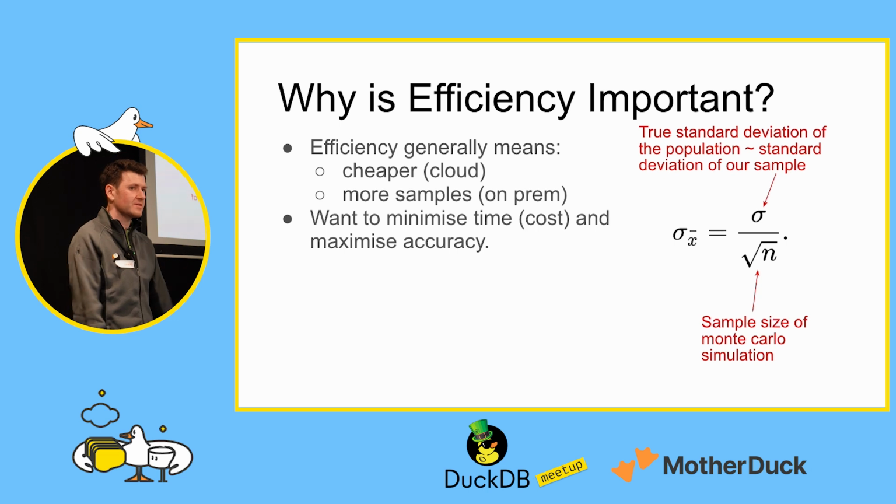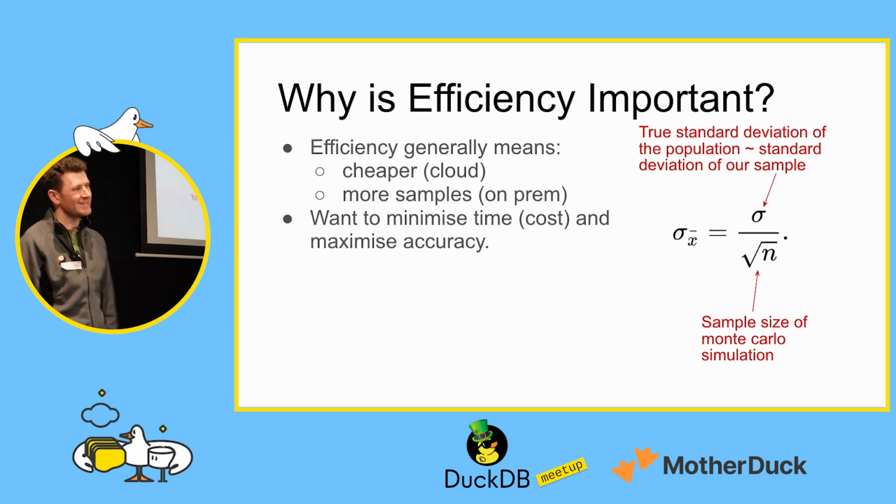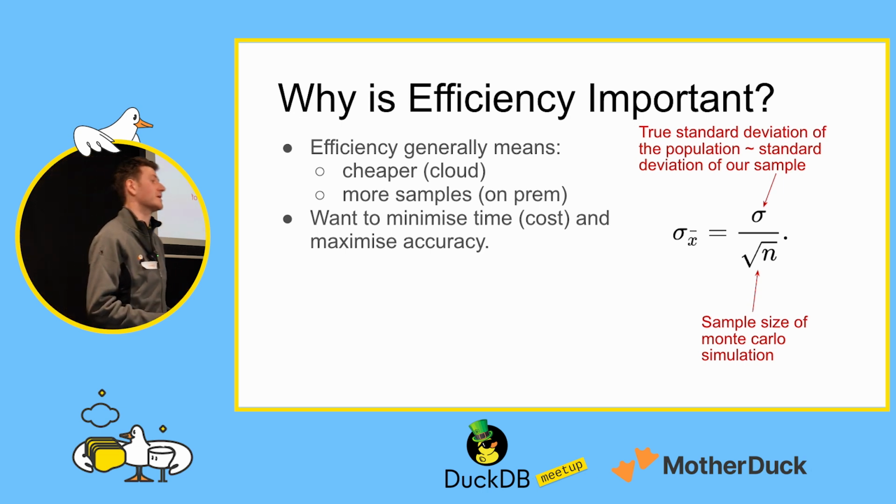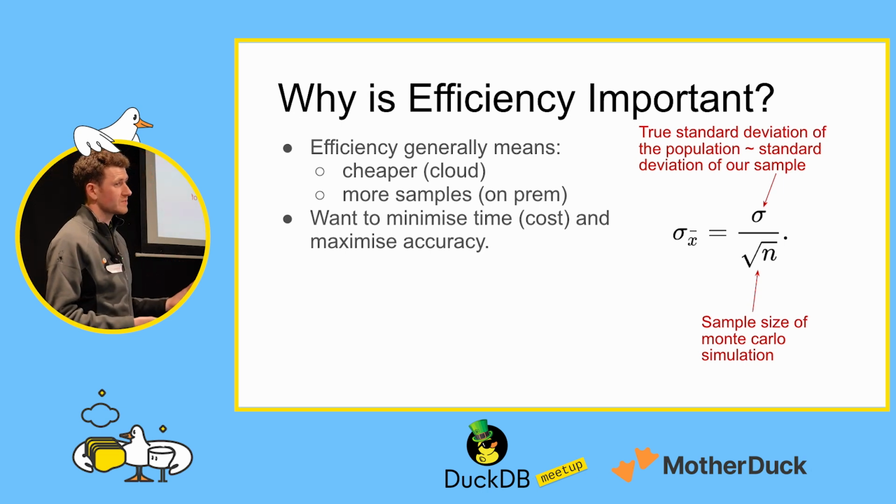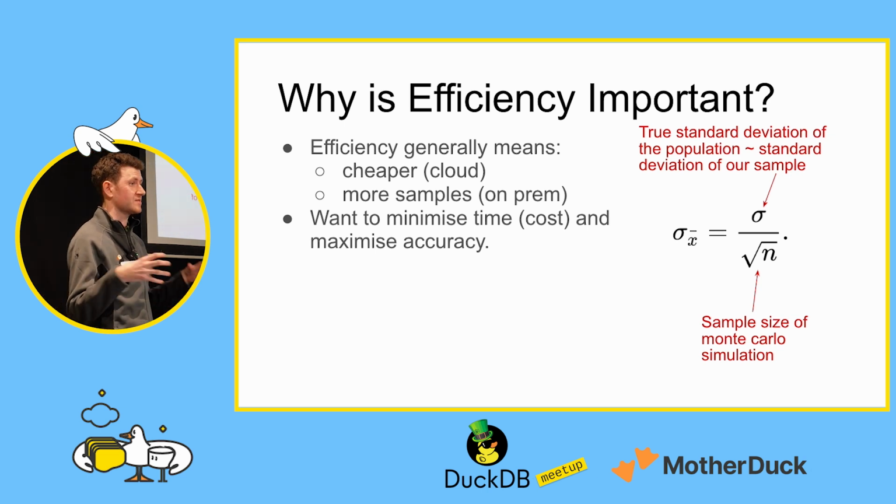In a practical use case, what does efficiency mean? It means we kind of care about a certain amount of accuracy. And so if we're running on a cloud, to get that accuracy, we have to scale our sample points and spend more. So if we're more efficient, we can get more sample points, maybe without spending quite as much. If we're on premise, we now have much more resource that we can use, but we're often on a fixed time budget.